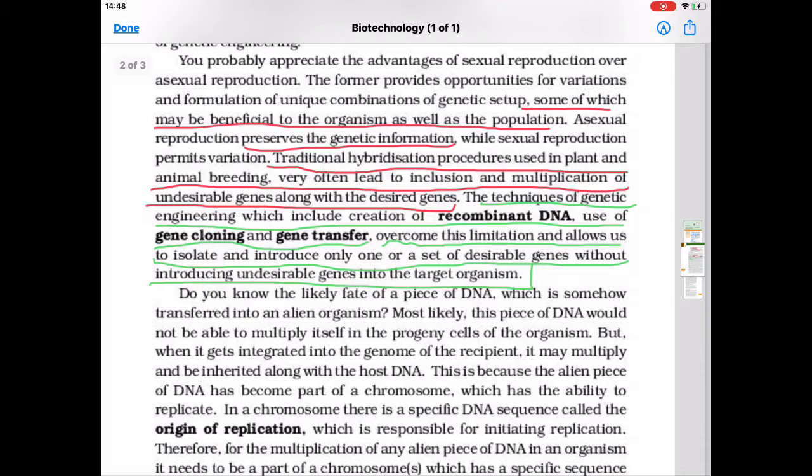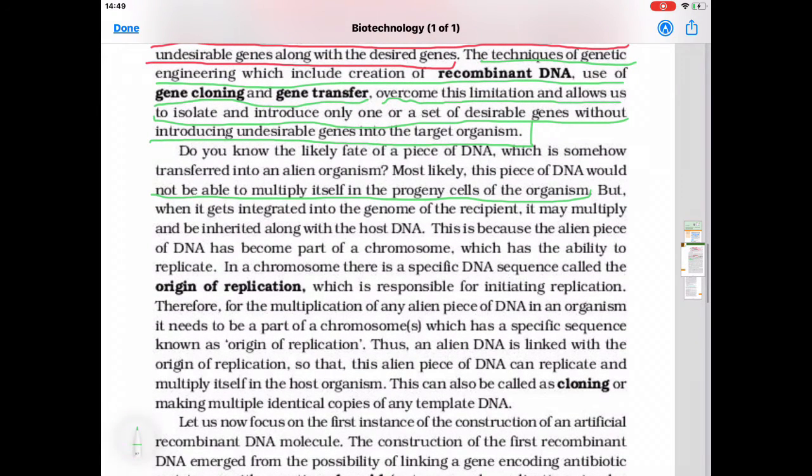Do you know the likely fate of a piece of DNA which is somehow transferred into an alien organism? Most likely, this piece of DNA would not be able to multiply itself in the progeny cells of the organism. When we transfer any DNA into the host, the DNA cannot self multiply in the host organism.